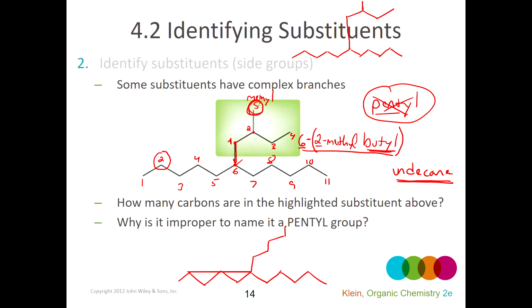So if you have a substituent on a substituent, that second layer of substituent, its number always has to be inside parentheses with the name of that whole thing, so that I'm not incorrectly thinking the methyl group's on carbon 2 of the overall parent chain. The methyl group's on carbon 2 of what's in parentheses, which is the butyl. What's in parentheses is on carbon 6 of the parent chain. Questions about that? All right, so we'll see more examples of that as we go through.